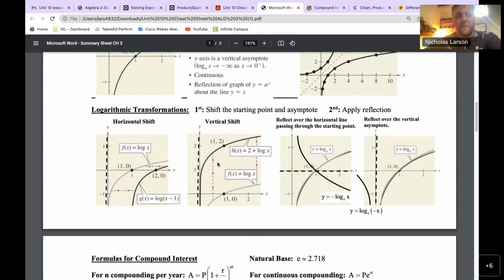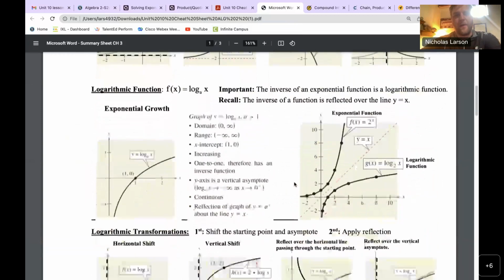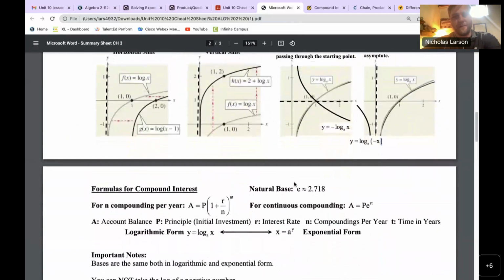This moves it up 2 units. And then reflections use the power of that negative to either reflect it over a horizontal line when it's out here, or reflect it over a vertical asymptote when it's inside of my parentheses. Those are the big ideas regarding transformations.